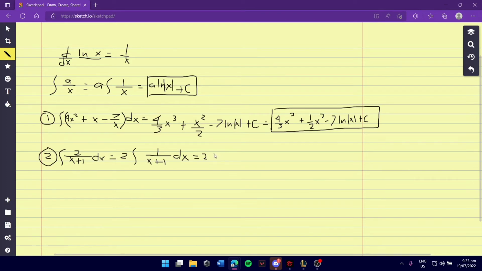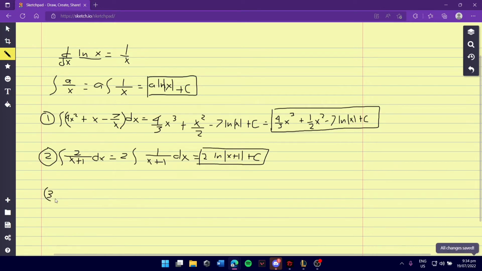So we have here 2 times the integral, which is ln of the absolute value of x plus 1, and then plus our arbitrary constant, which is c. So this is now your final answer.